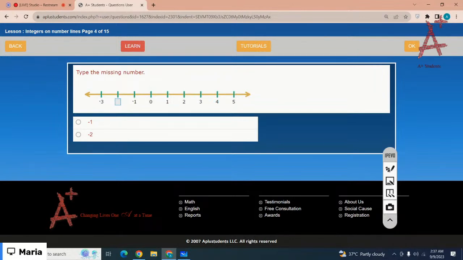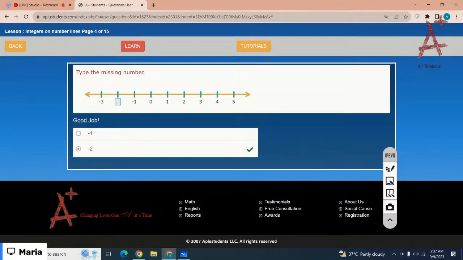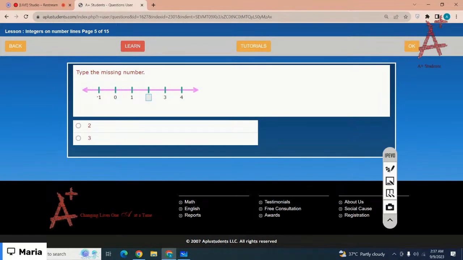Okay, type the missing number. So which number is missing between -3 and -1? Yes, very good. That means the missing number is -2, because between -3 and -1 you have -2. Okay, so type the missing number.